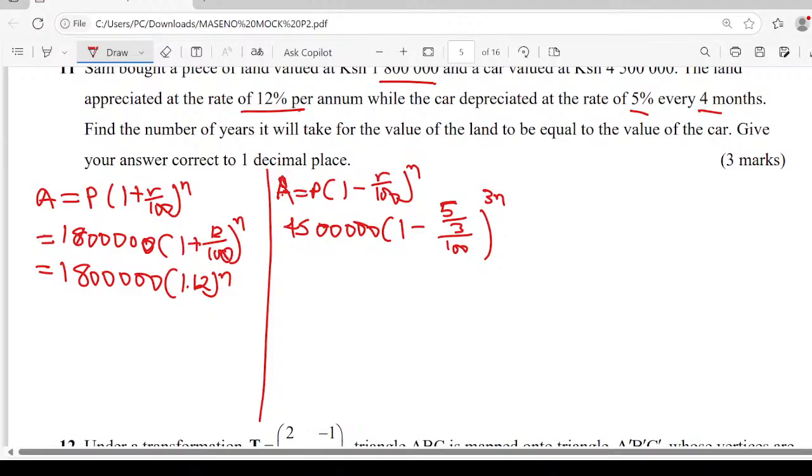So in a year it will be paid 3 times. So you divide it by 3. You multiply that n by 3.